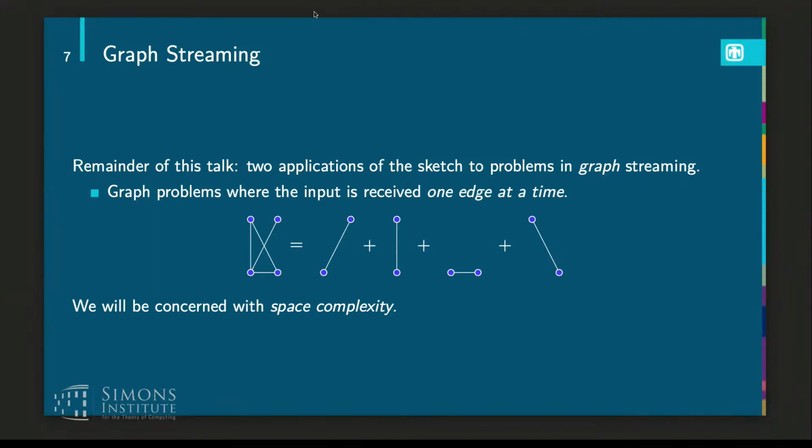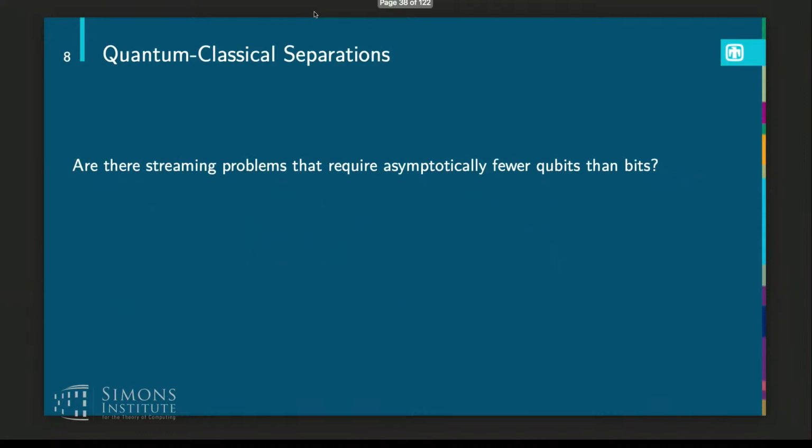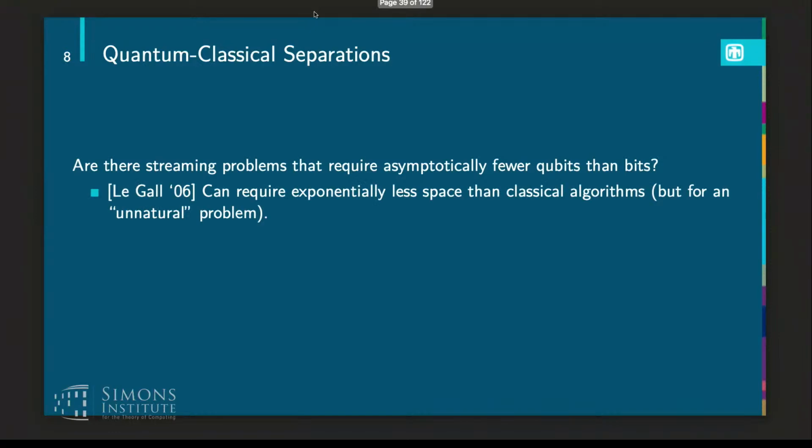When you think about quantum streaming algorithms, the natural question to ask is, are there any problems which use provably less quantum space than you'd need classical space? The very first work that considered this model showed that the answer is yes. You can construct quantum streaming problems that require exponentially less space than you would need classically.